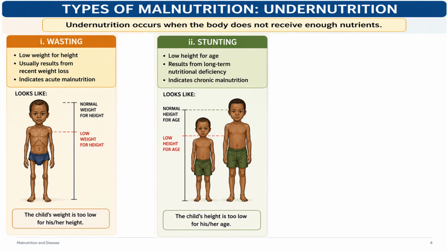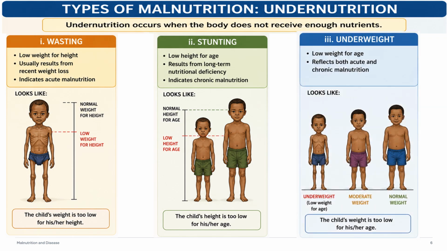Unlike wasting, stunting generally reflects long-term nutritional deprivation, which often begins during pregnancy or early childhood development. Stunting generally leads to reduced physical growth, delayed cognitive development, lower school performance, reduced productivity later in life, and so on.